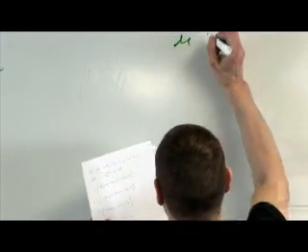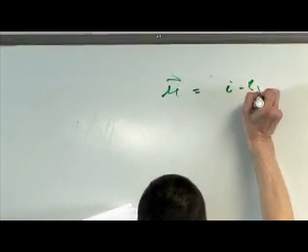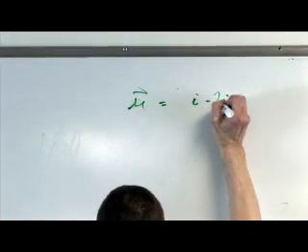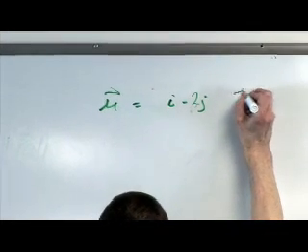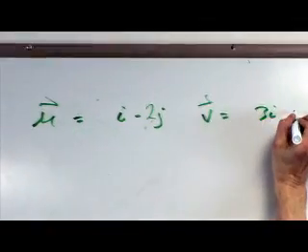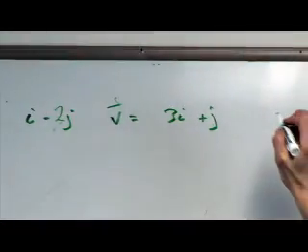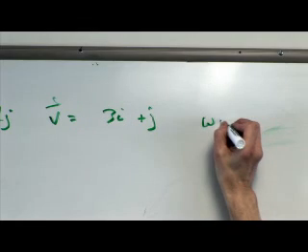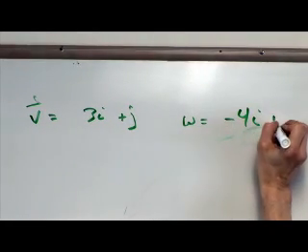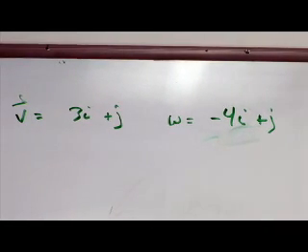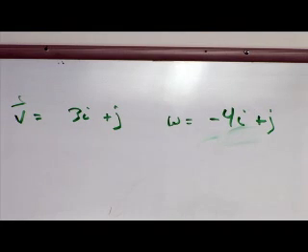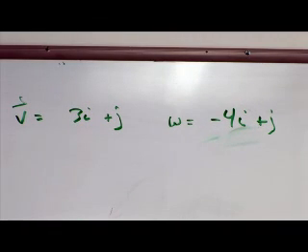Okay, so mu is equal to i minus 2j. v is equal to 3i plus j, and w is equal to minus 4i plus j. I'm going to put down what these things are actually equal to. It doesn't really matter.